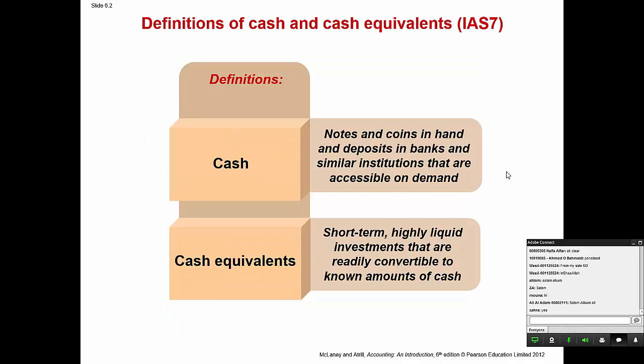The definition of the cash and cash equivalent. You know that in business, the cash is very important. Using the cash, we can buy what we want in the business. For example, if we are in the retailing business, then we use the cash to buy the supplies, or sometimes we buy the products that we will sell again to the end customer.